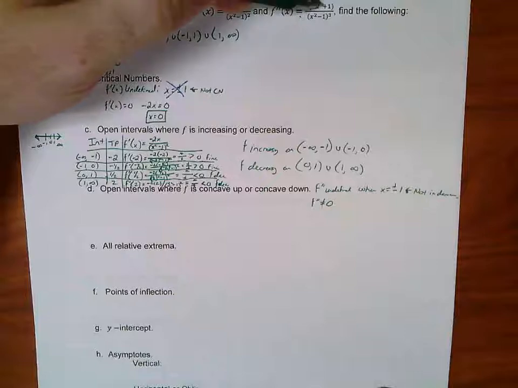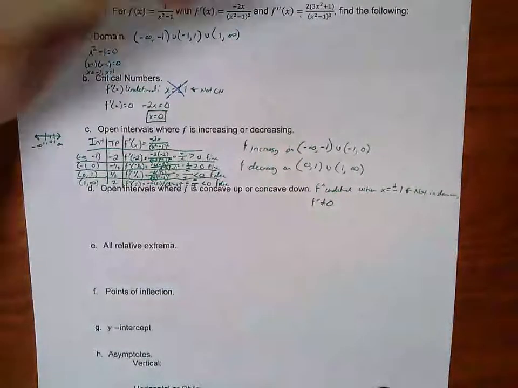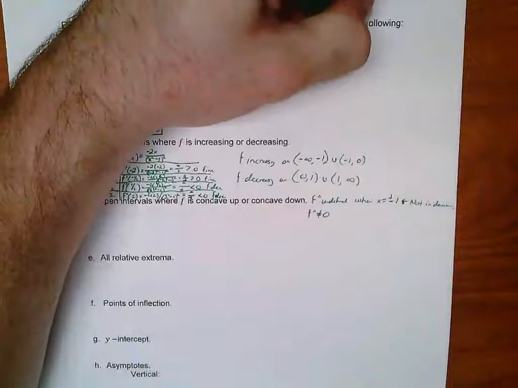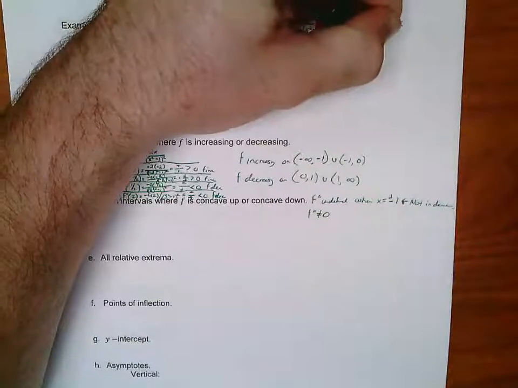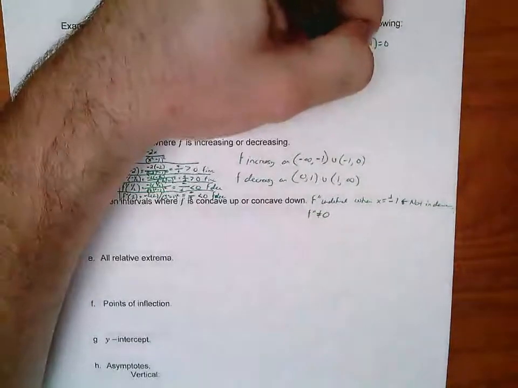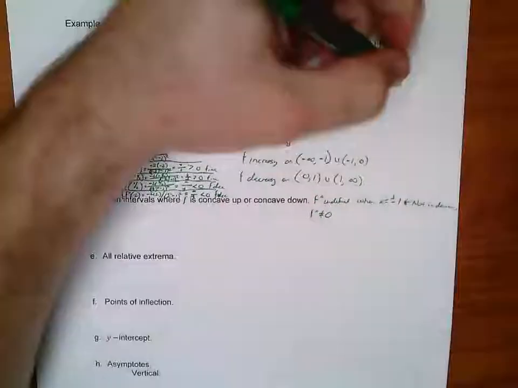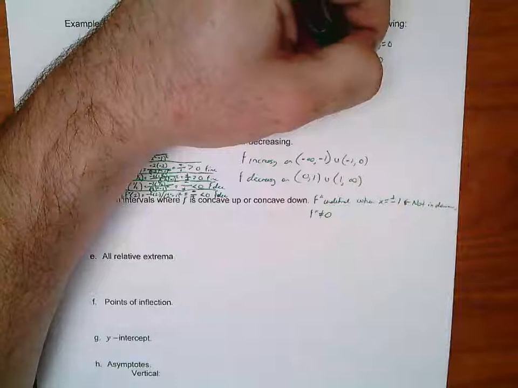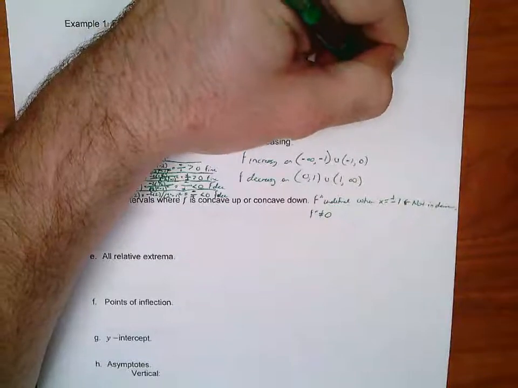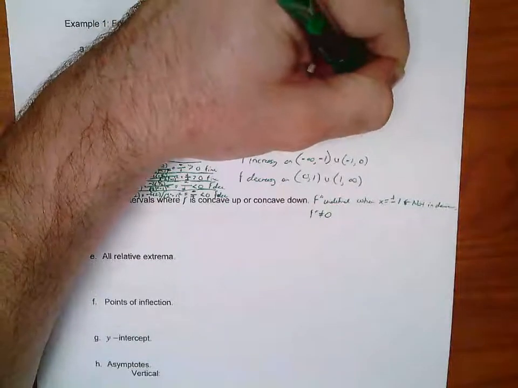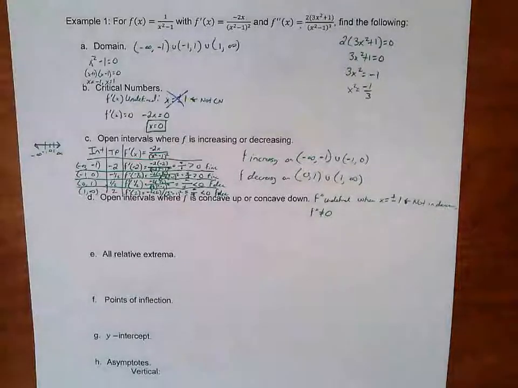So we have a sum of a couple values, so something squared plus 1. So if we were to solve that, 2 times 3x squared plus 1 equals 0, you get 3x squared plus 1 equals 0 by dividing by 2 on both sides. Then subtract 1, 3x squared equals negative 1, x squared equals negative 1/3, which we know is going to be a complex number. And we only care about real numbers right now.